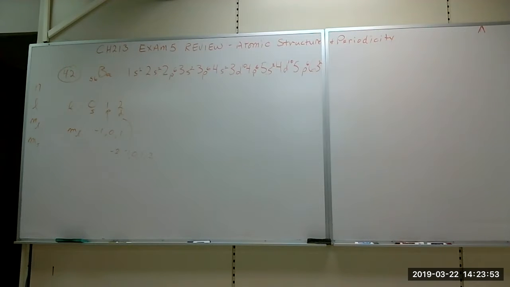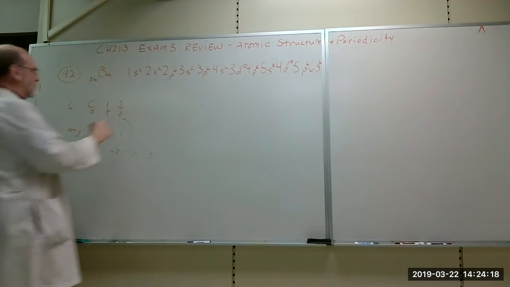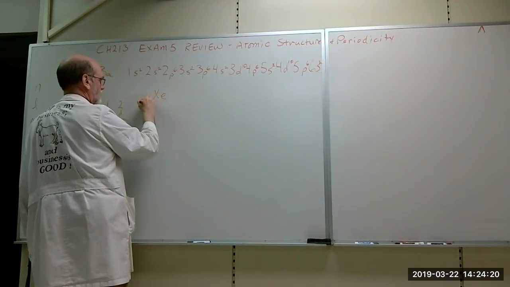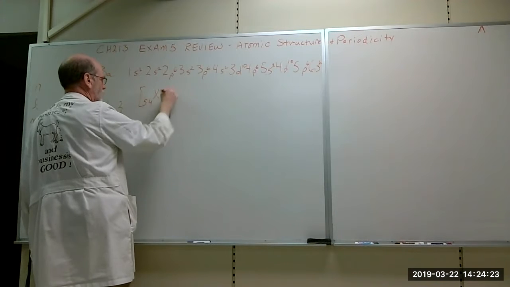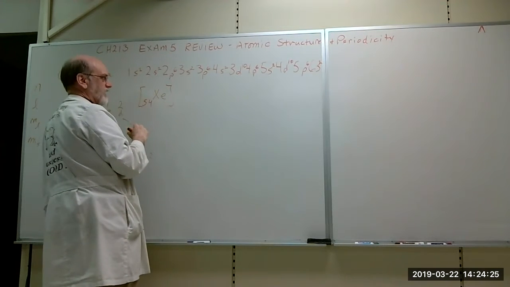Now for the shorthand, which I think is the answer for this one. For the shorthand, use your periodic table. Find your element, and then work backwards to the nearest noble gas. So work backwards, 1, 2, xenon, 54. So xenon 54 is our core, and then what's left over?